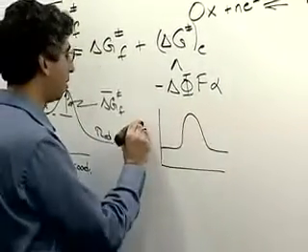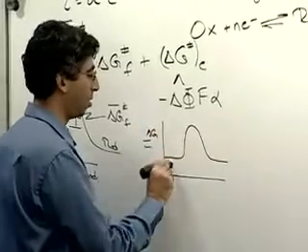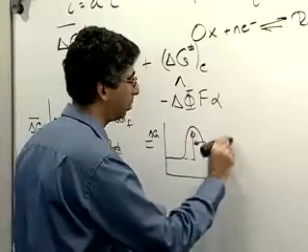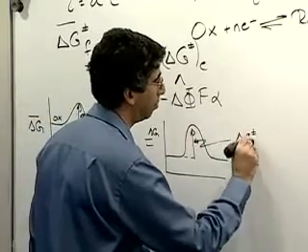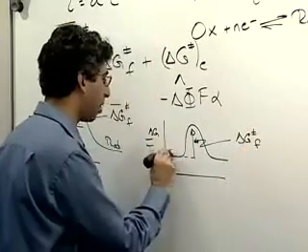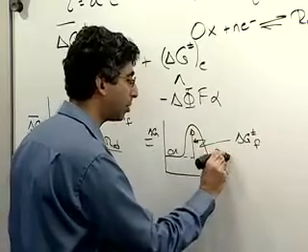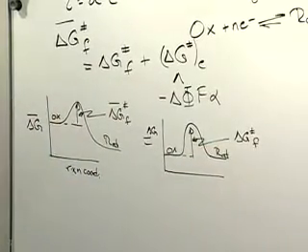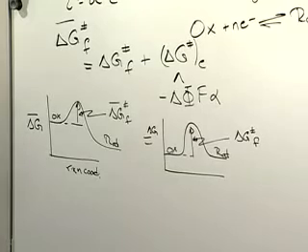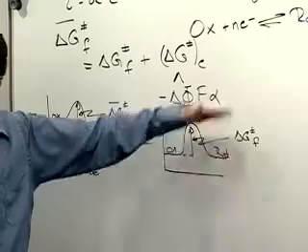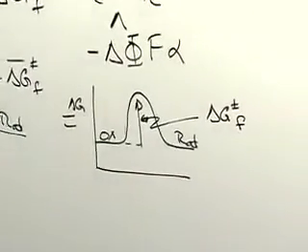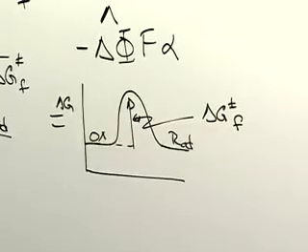So this is our delta G. And so we have a forward reaction here, going again from ox to red. And it may turn out that the free energy of the oxidized species and the free energy of the reduced species are about the same. It may even turn out that the free energy of the reduced species is higher than the oxidized species. That is, that you have a positive value for this delta G.